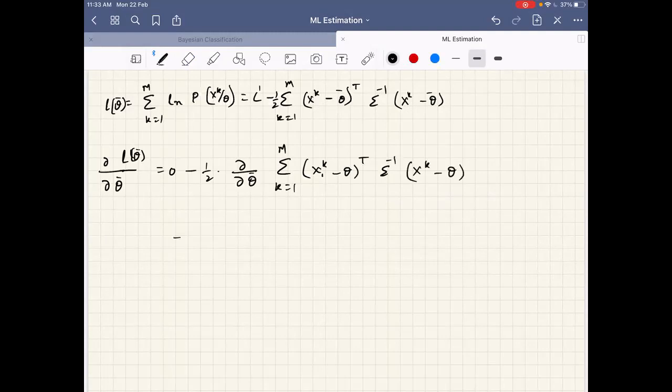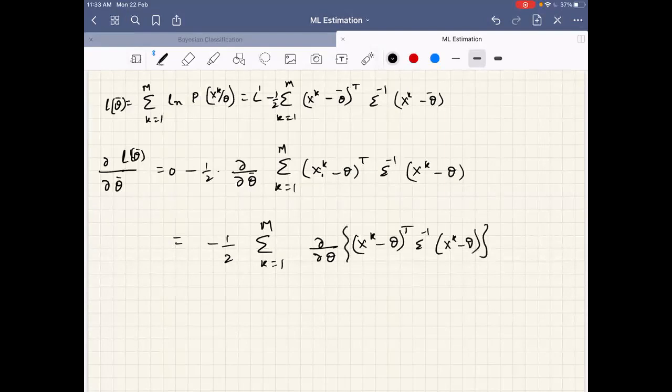Furthermore, differentiation is a linear operator, so you can take it inside. Okay, so what is the answer now?